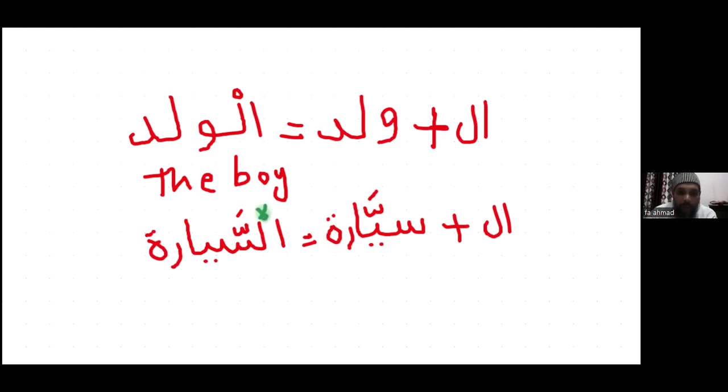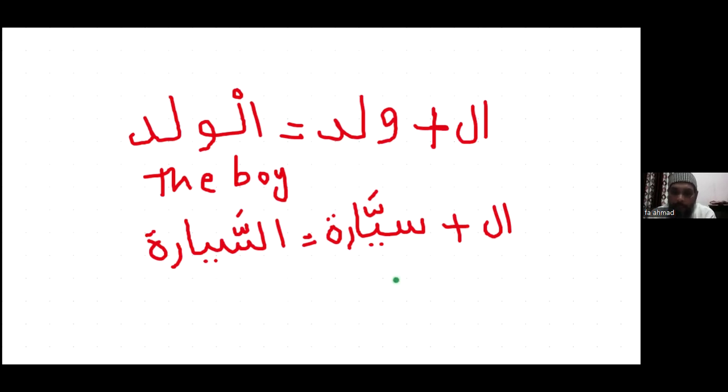So here is "as", then "sayyara". As sayyara. Clear? So what is the rule?